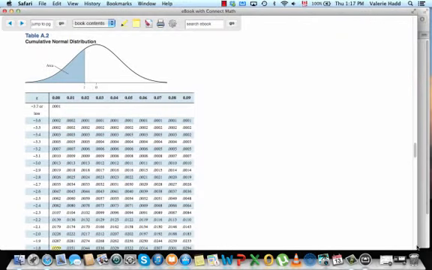If we look at this table, we're trying to find the area or probability for minus 10. Here we have minus 3.7 or less. Okay, so we have nothing close to minus 10. This is the closest that we get. So the probability that a group of 30 students will get an average of 60 or less for this specific variable is less than 0.0001. So very small probability.